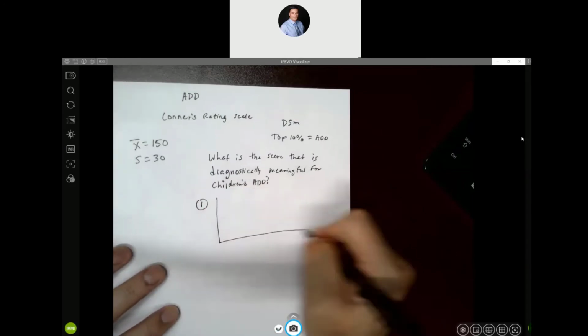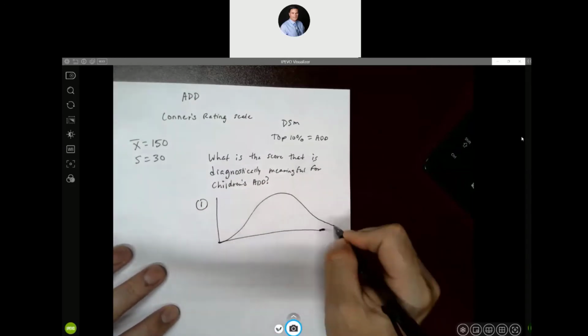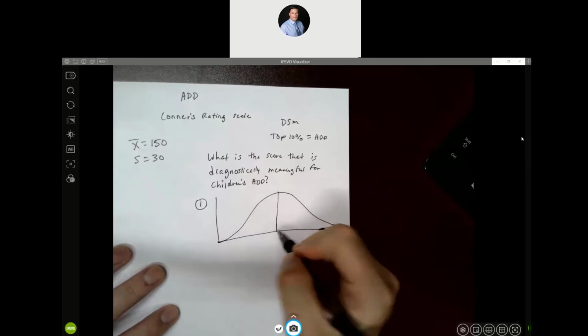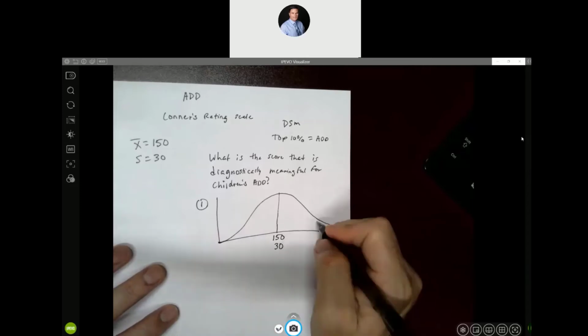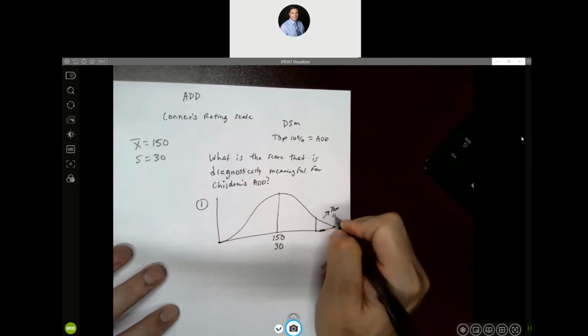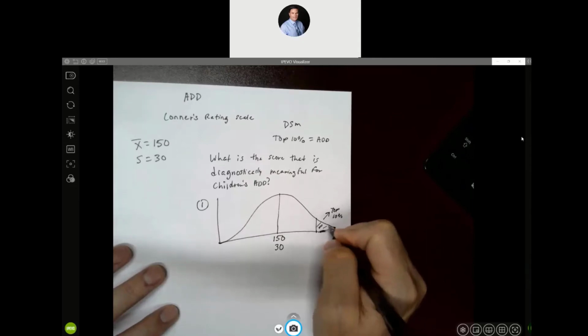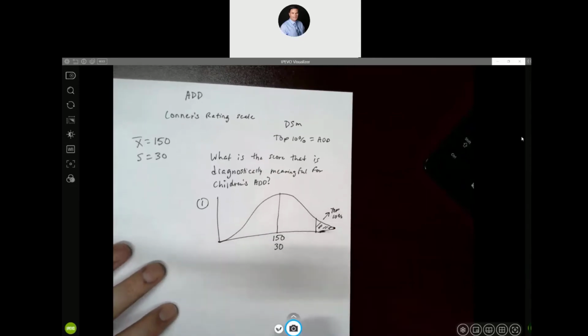Step one, draw what you're interested in. I know the mean Conners rating scale score is 150 with a standard deviation of 30. The top 10% is going to be here. So am I trying to find a proportion or an X sub I?